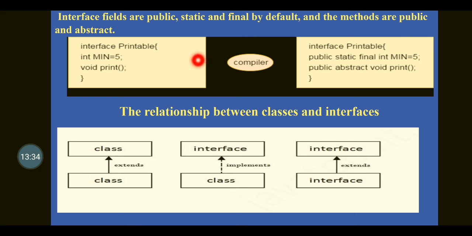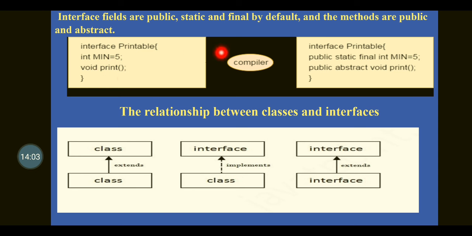So the fields are public, static, final by default, and the methods are public and abstract by default. For example, the keyword interface followed by Printable, which is the user defined name, and within the braces there is a data member int min = 5, and then void print(), the method without definition.